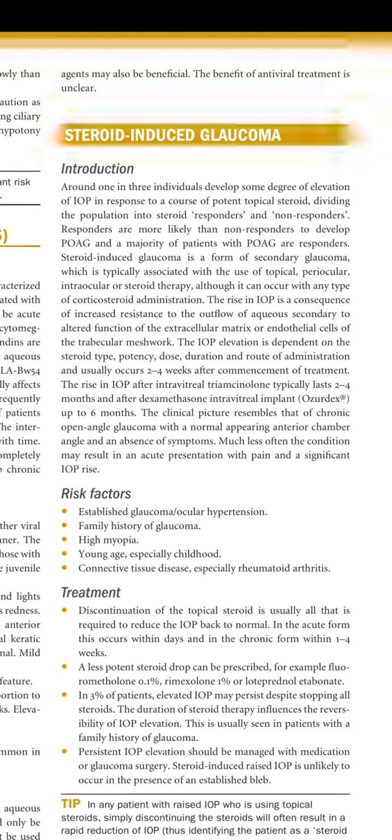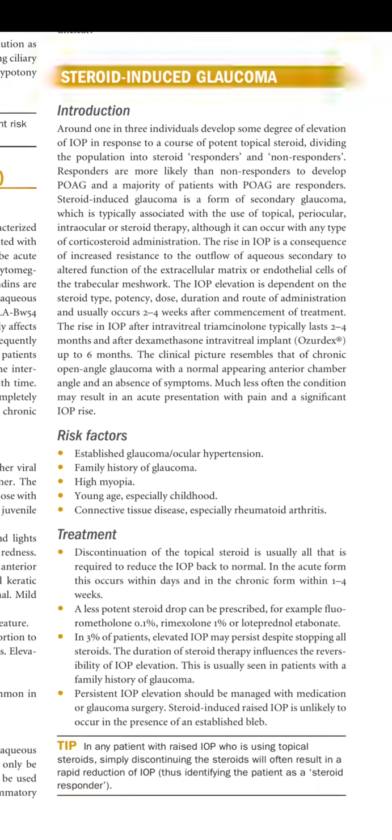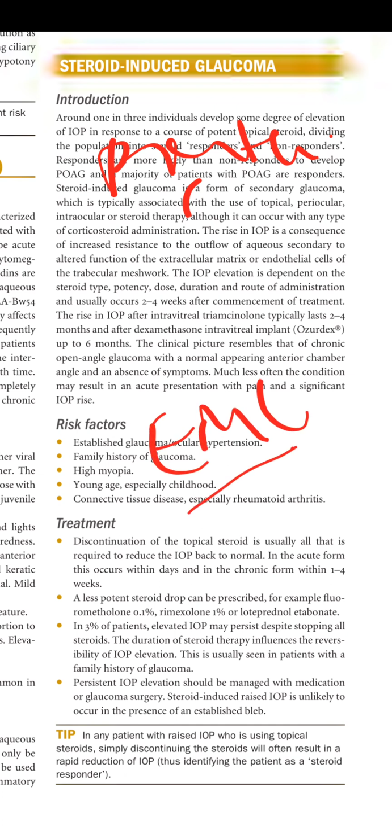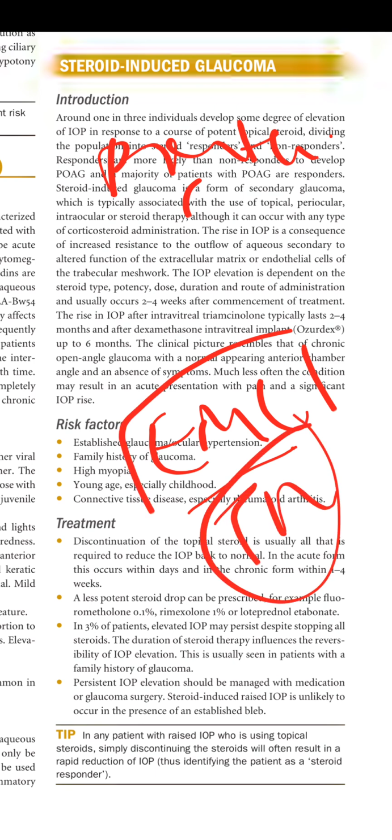The rise in IOP is a consequence of increased resistance to the outflow of the aqueous, secondary to the altered function of the extracellular matrix or endothelial cells of the trabecular meshwork. So it is telling us the pathogenesis: there is resistance to the outflow because there is altered extracellular matrix function, or the trabecular meshwork endothelial cells have been altered.